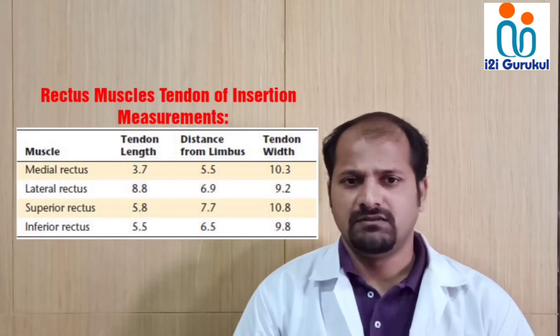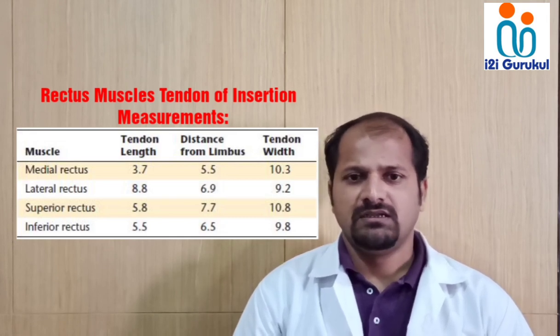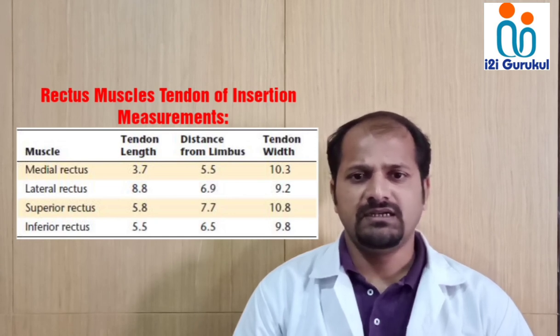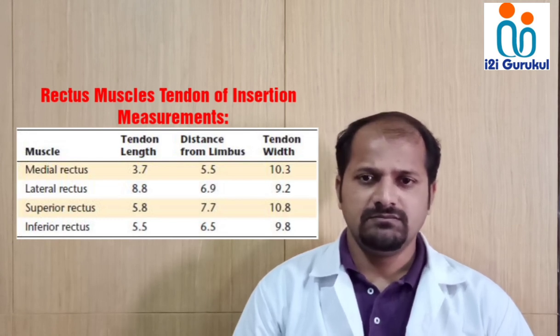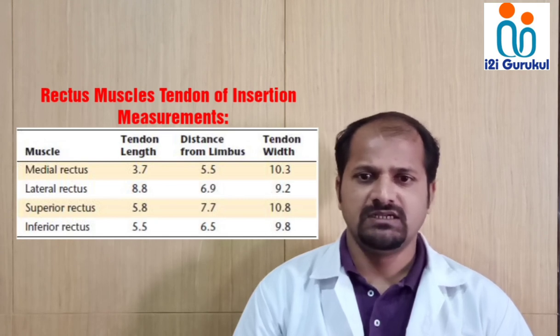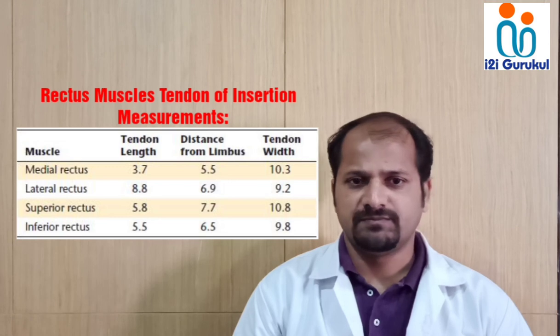Coming to the lateral rectus muscle, it has a tendon length of 8.8 millimeters, it is inserted 6.9 millimeters from the limbus, and it has a tendon width of 9.2 millimeters.